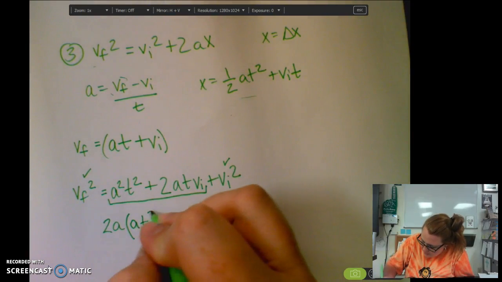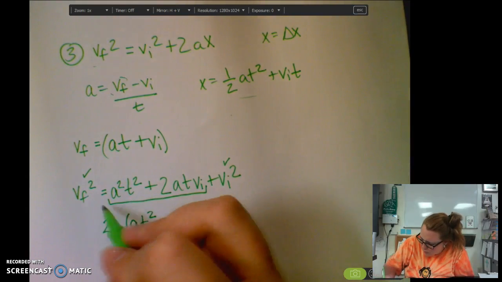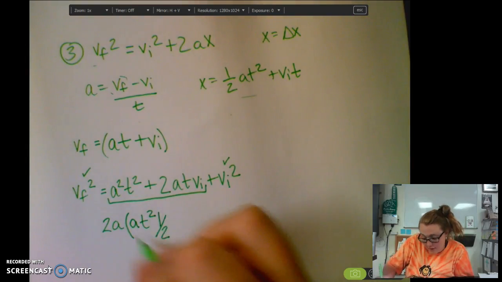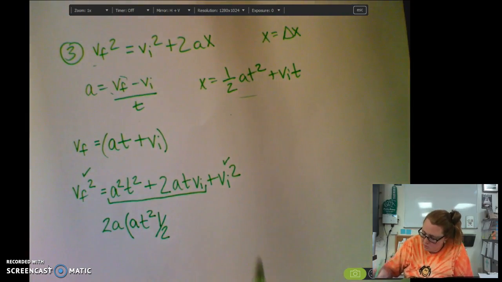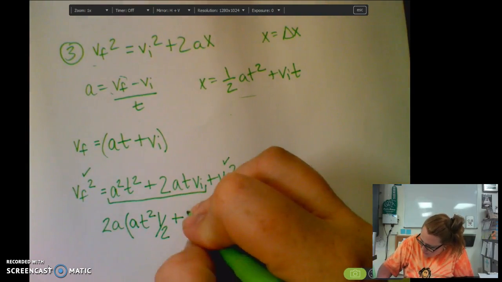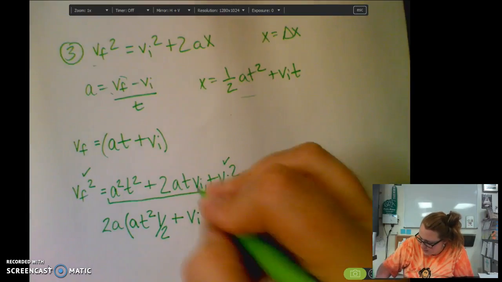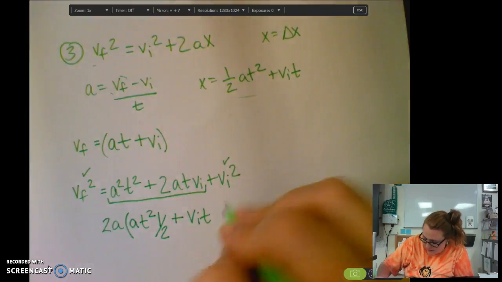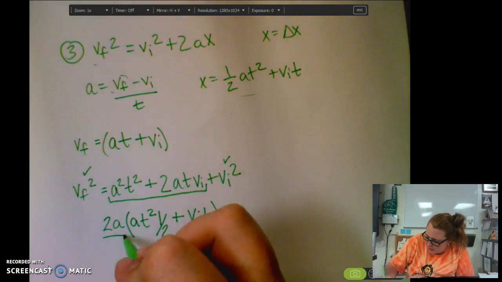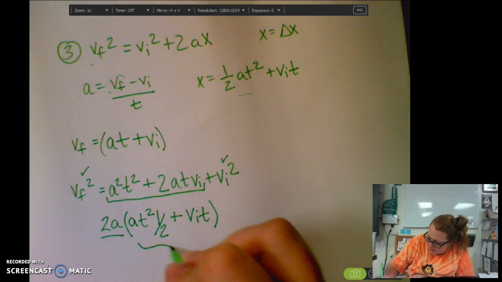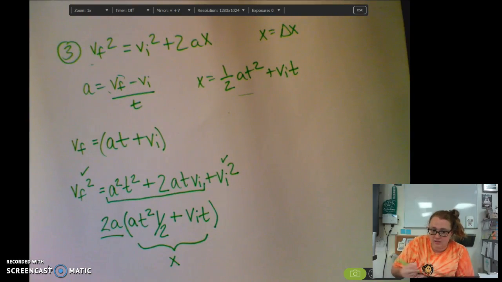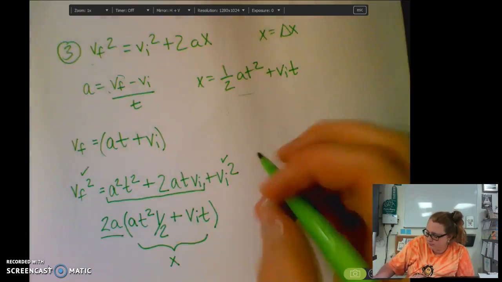My t squared is left over, but I removed a 2, so now I'm just stuck with 1/2. Now that 1/2 at squared, I've seen that before, so I'm okay with that. If I take a 2a out of this, then I'm left with vi and this t. I've seen that before, so far I'm pretty good. Well, here's 2a. What is 1/2 at squared plus vit? Well, we've said that is x, or delta x. So now I've solved my equation.